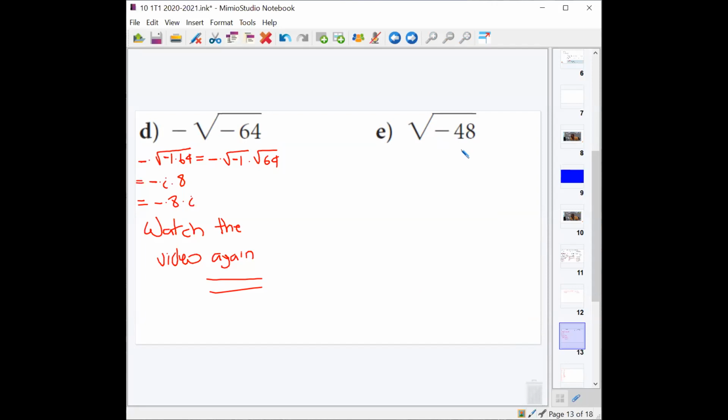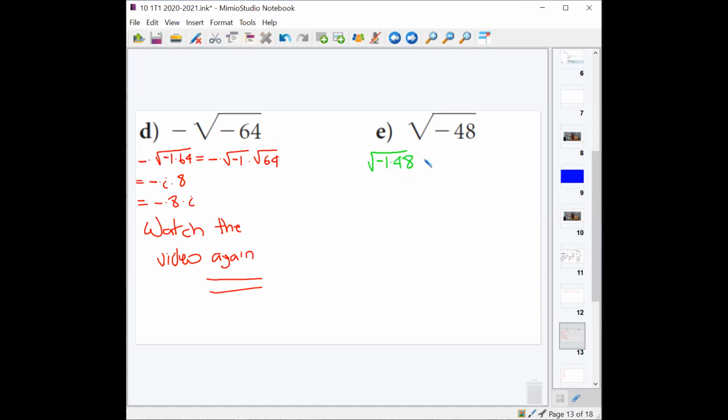Yes. All right. Now, guys, the square root of negative 48. First step, let's look for a participant. Mr. Ramirez, tell me, what is the first step? So the first step is square root of negative 1 times 48.